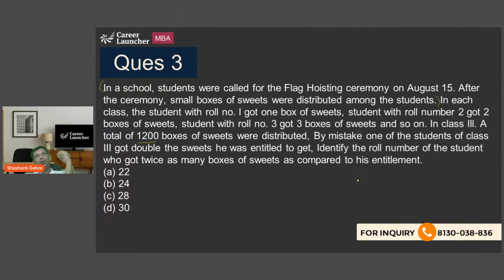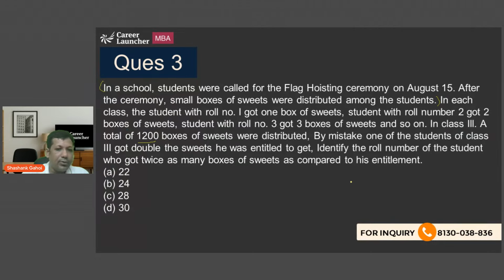One student is getting double, and then it is 1200. It means the actual number of distribution should be less than 1200. This is what I figured out.